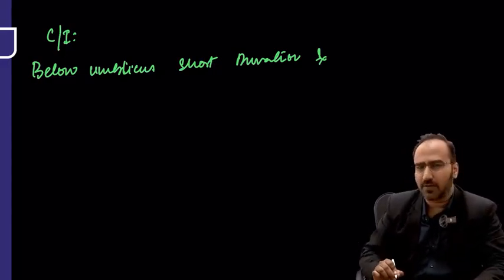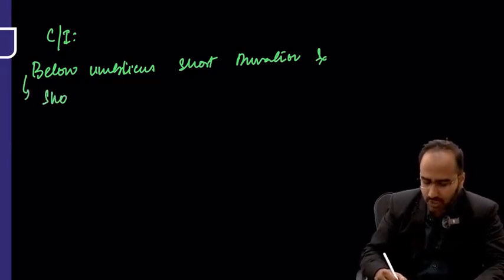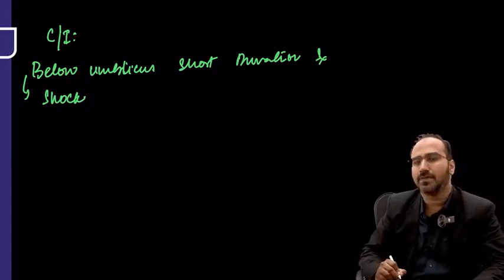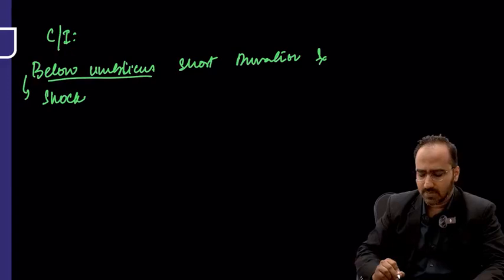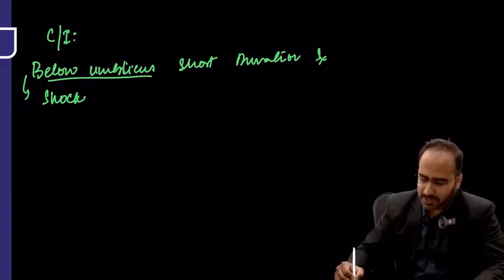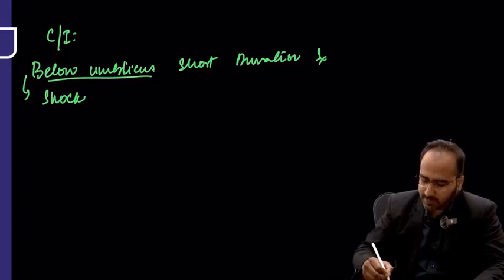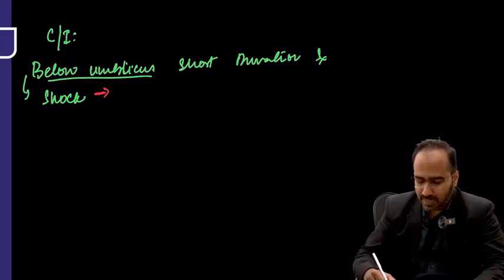If the patient is posted for a below-umbilicus short duration surgery and he is having shock, can you give spinal anesthesia? Even though the main indication of spinal is this, can you give spinal anesthesia in shock? No, sir. Absolutely no. Why is spinal contraindicated in shock? Because shock means the patient's BP is already low.